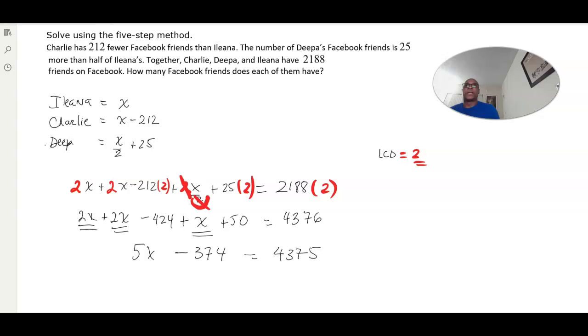Obviously I'm going to add this on the other side, and I should get 5x equal to 4,376 plus 374. What does that give me? It doesn't seem like it's going to give me, but anyway, a whole number.